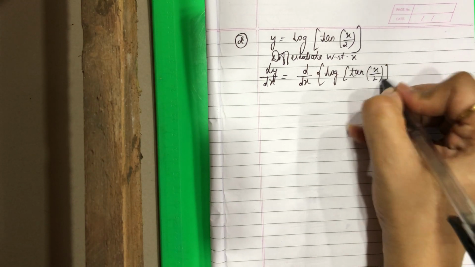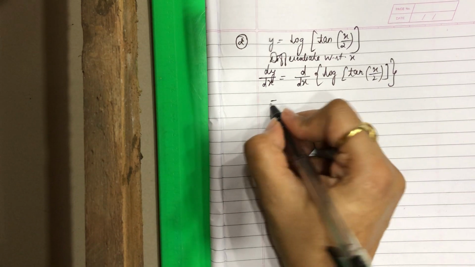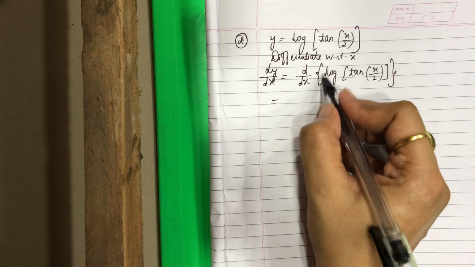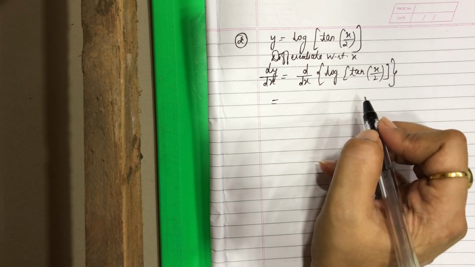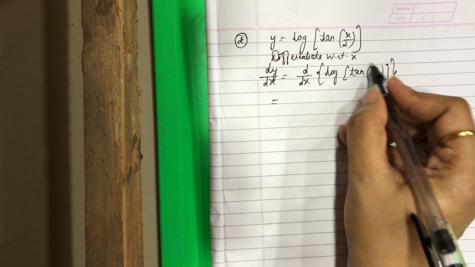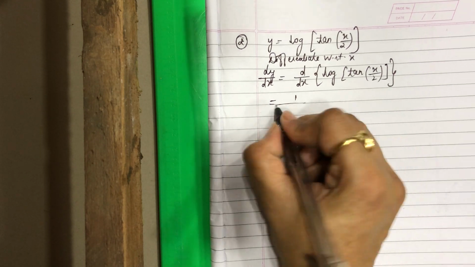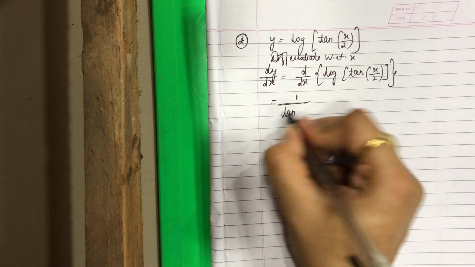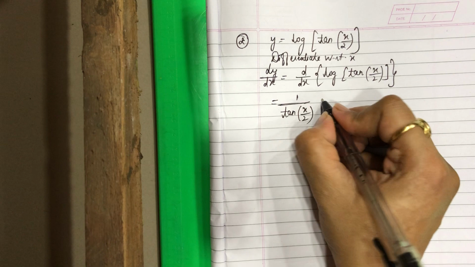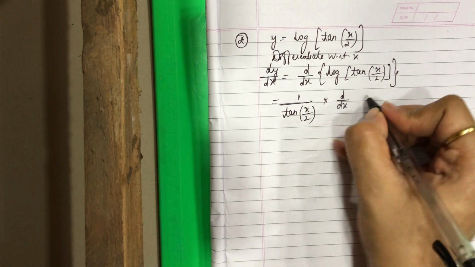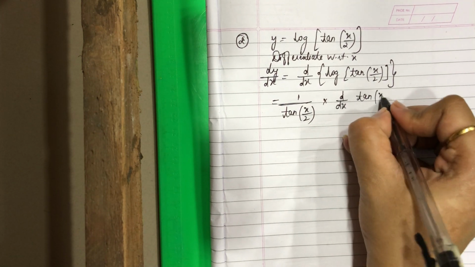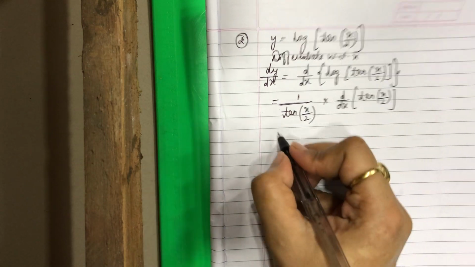So this gives you the differentiation of log, which is 1 upon f(x). Here f(x) is tan x by 2. So it gives you 1 upon tan x by 2 into d by dx of tan x by 2.